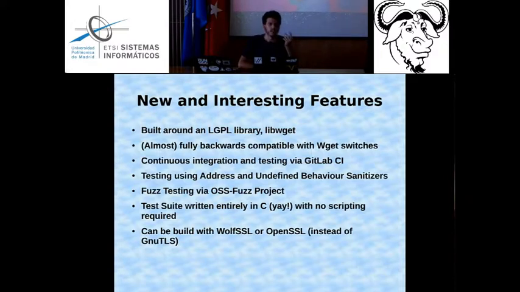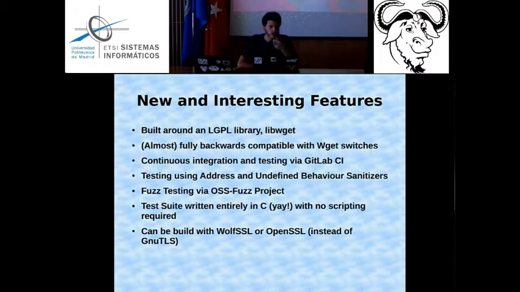As I said, we use the continuous integration of GitLab, because we're not working on Savannah. We are working on GitLab. There is a repository, so if you have a GitLab account, you can contribute or open issues or whatever. We also use address and undefined behavior and memory sanitizers, which help us find some bugs.